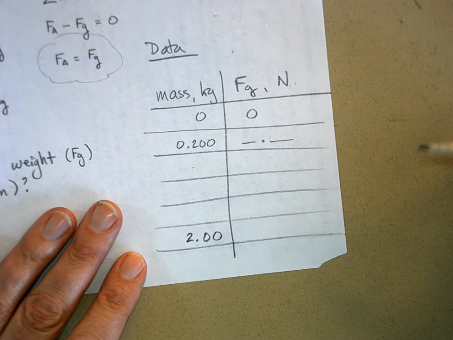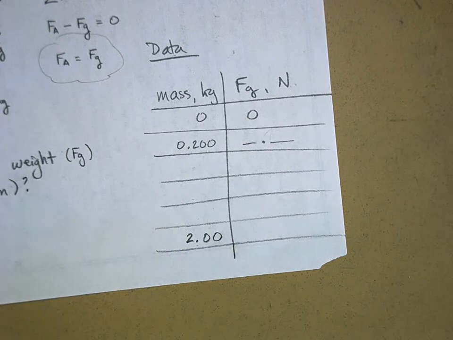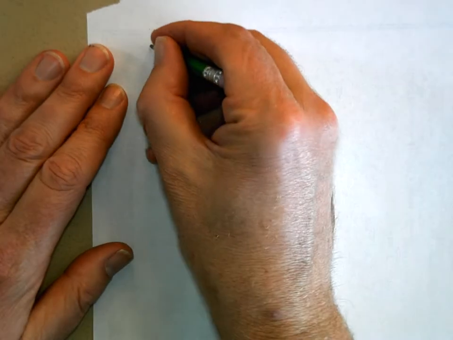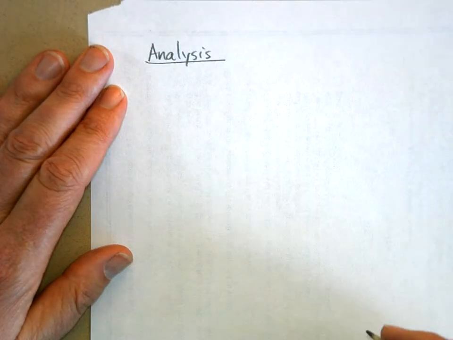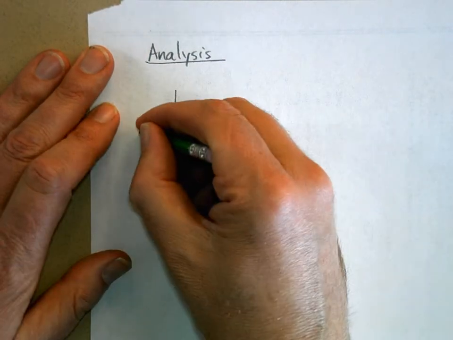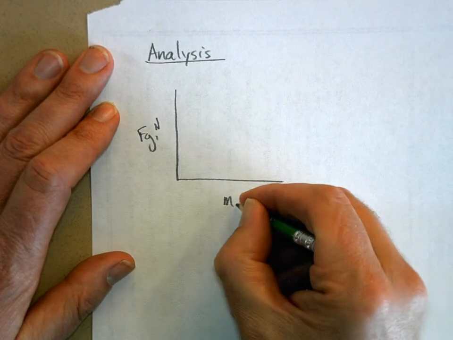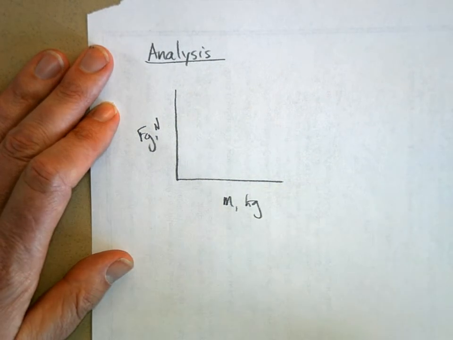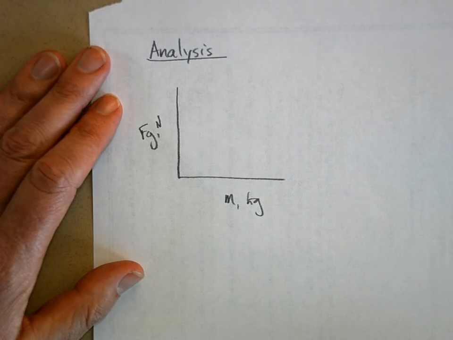When you're done with that, I want you to do the analysis. And here's what the analysis will look like. The force of gravity in newtons, mass in kilograms. I want you to graph it. Now guess what? This is going to be a straight line.